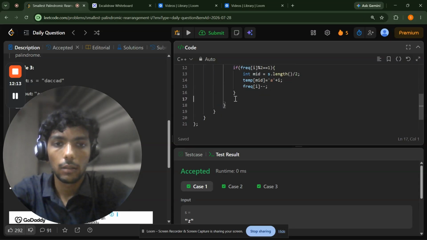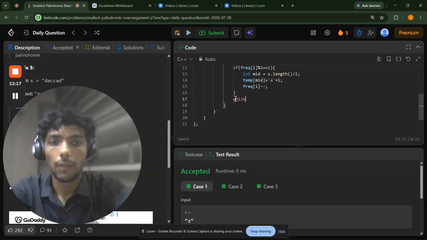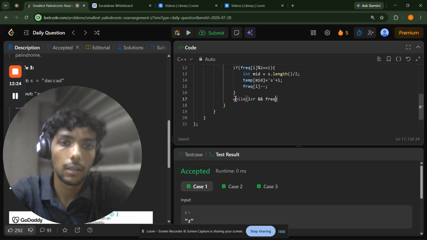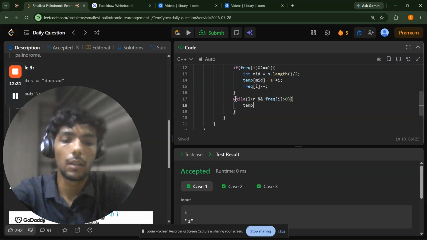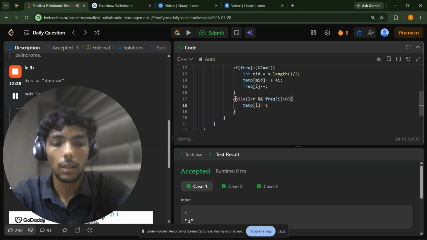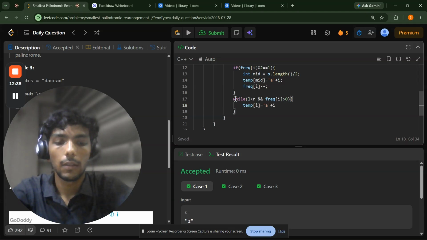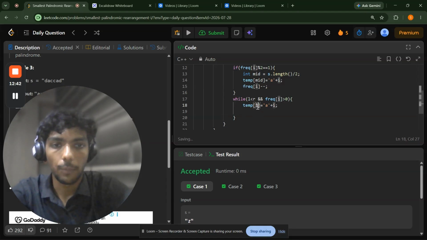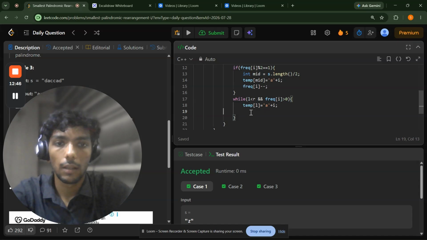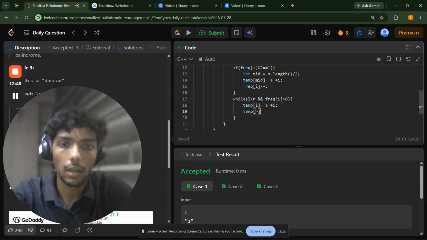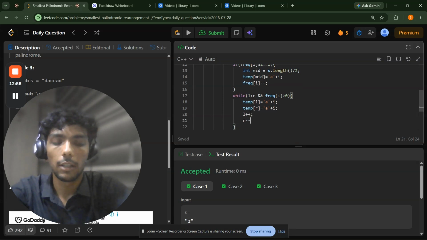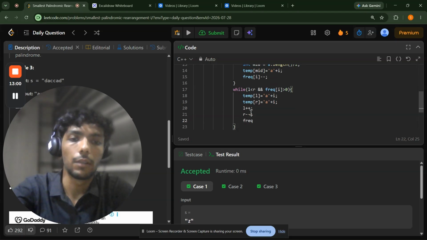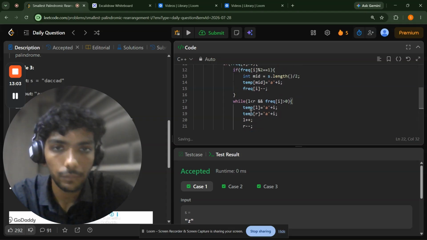While L is less than or equal to R and the frequency is greater than 0, what we'll do is temp L equals A plus I, sorry, not temp I, temp L, and temp R also equals A plus I. L plus plus, R minus minus, two of its frequencies are used, so frequency of I minus equals 2.